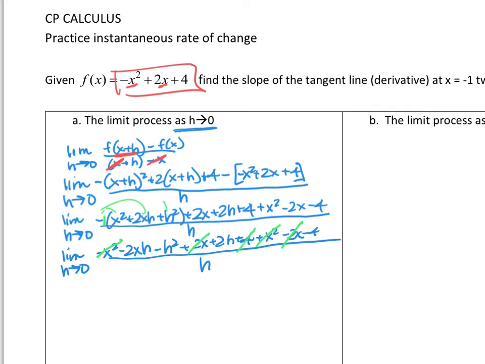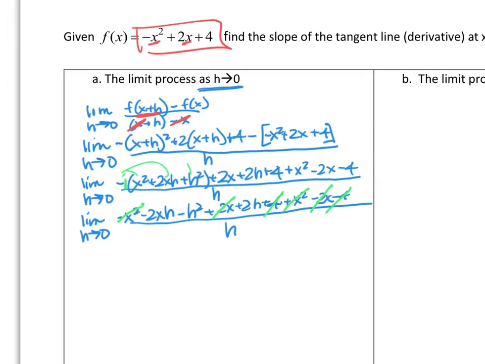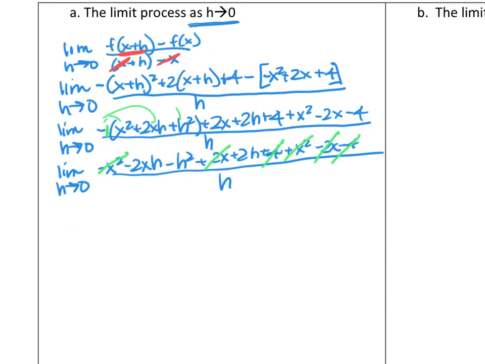The positive 4, the negative 4 go to 0. So what we are left with is, and all these terms are going to have an h, negative 2xh minus h squared, and the one that sometimes gets lost in here is the 2h all over h.